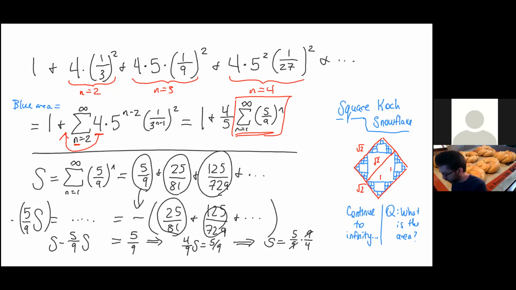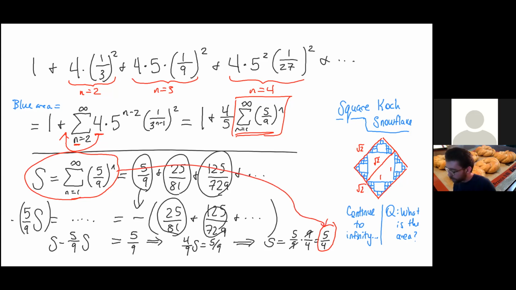The 9's cancel, and that's 5/4. So what I'm claiming, just to reorient ourselves, is that S, this thing, is literally equal to 5/4. If I were to add up all these numbers to infinity and beyond, I would get 5/4, 1.25, exactly, on the nose. Everything I did here was simple algebra.